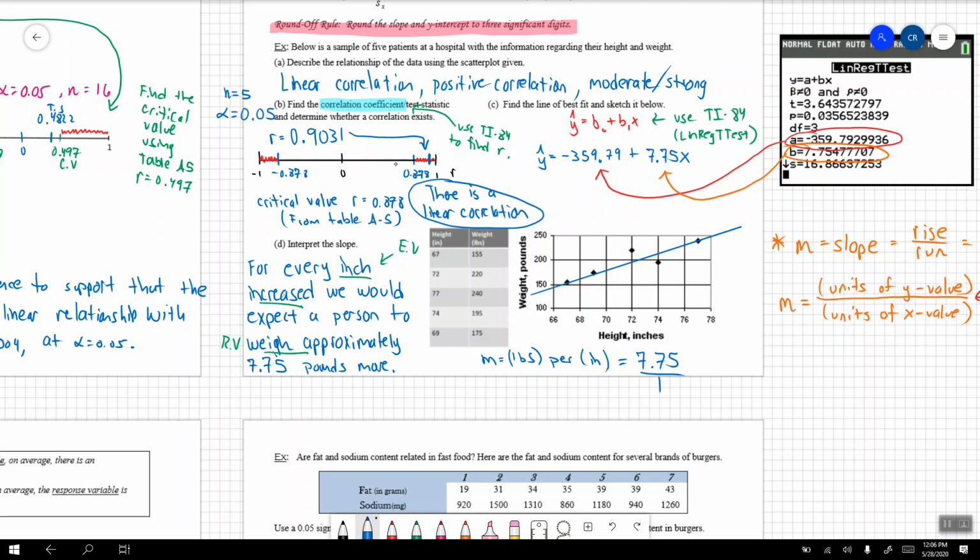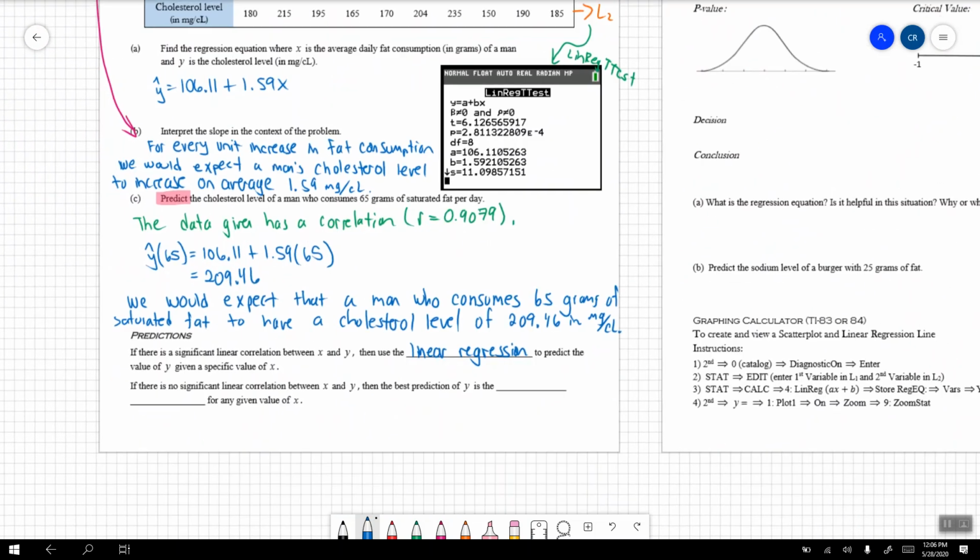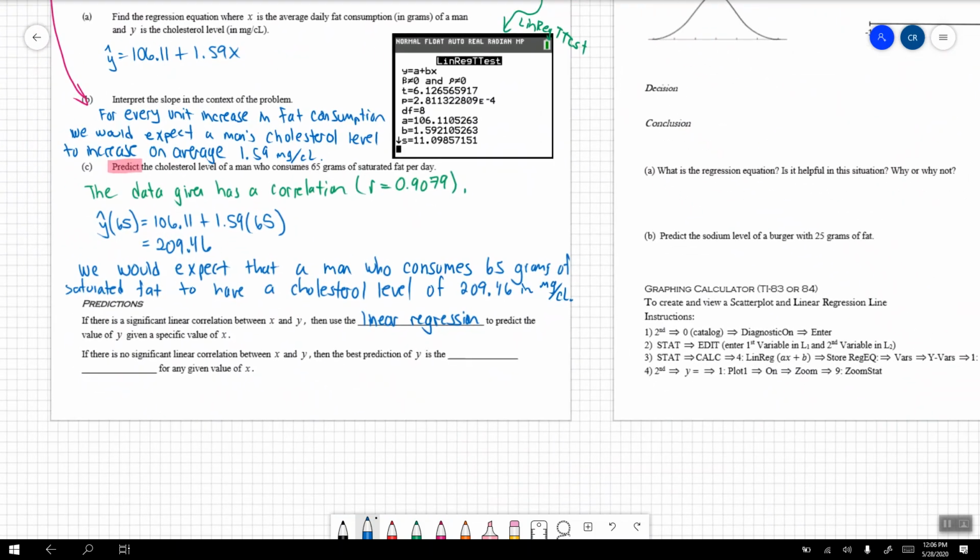If it falls outside of the critical zone here, there's no correlation. Once we run this test and come to the conclusion that there is no correlation, then the best prediction of y is going to be the mean of the y values for any given x value.